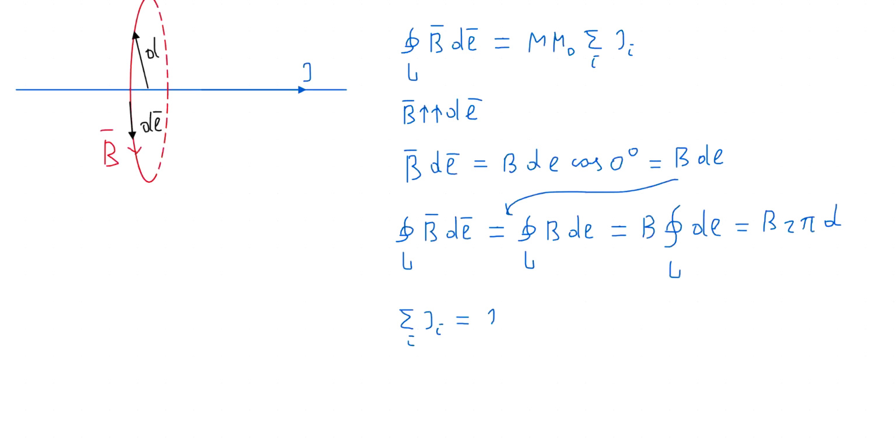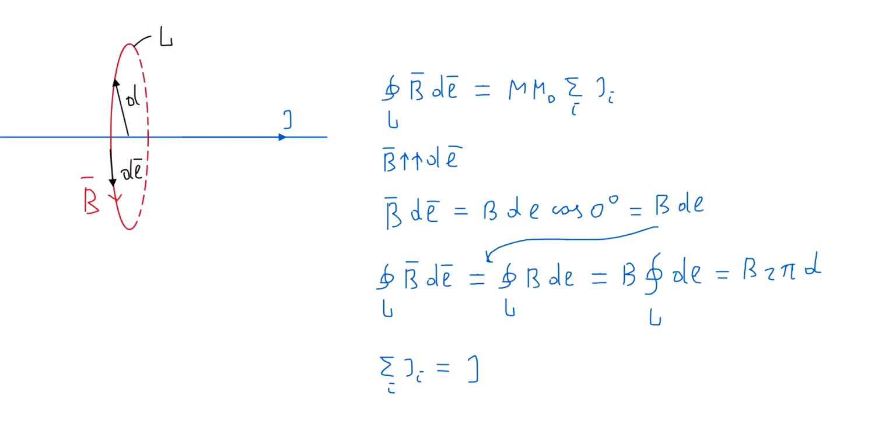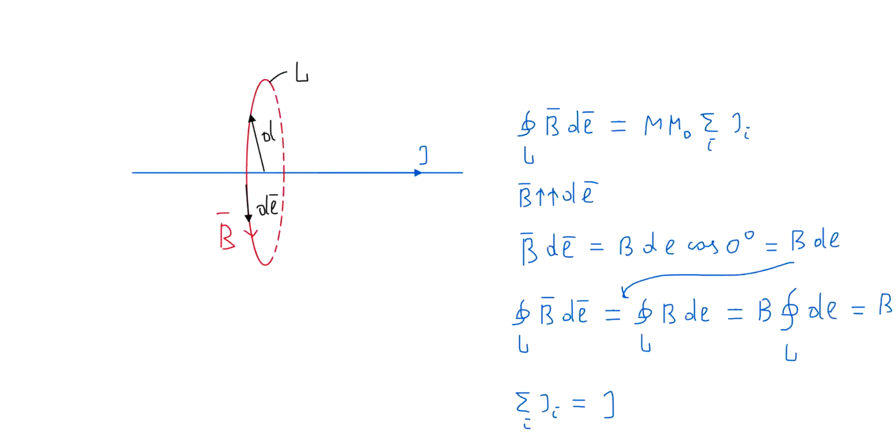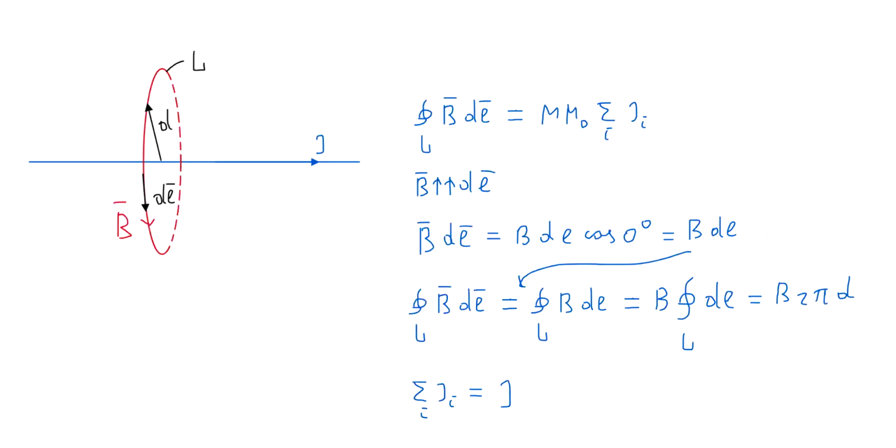It is easy to define that if we have only one electric current, the sum of currents will be equal to this current, and this current passes through the chosen circuit.